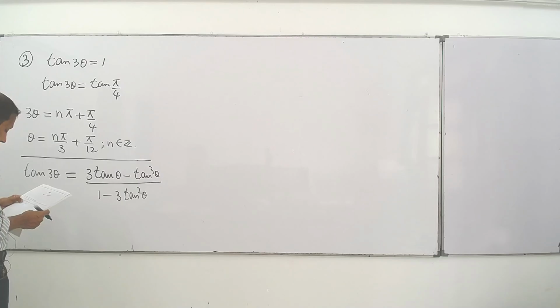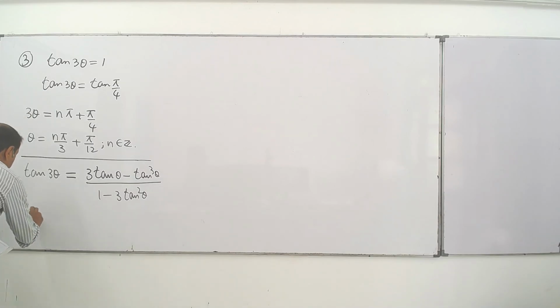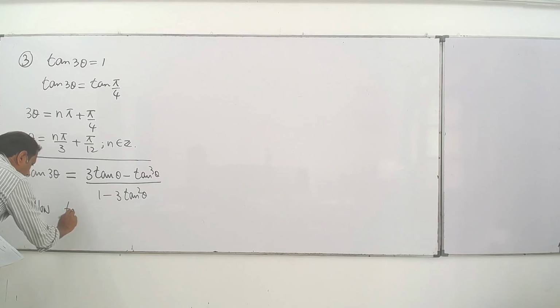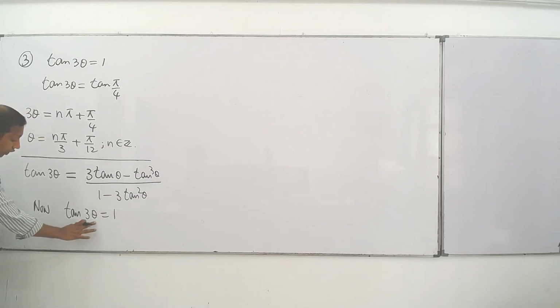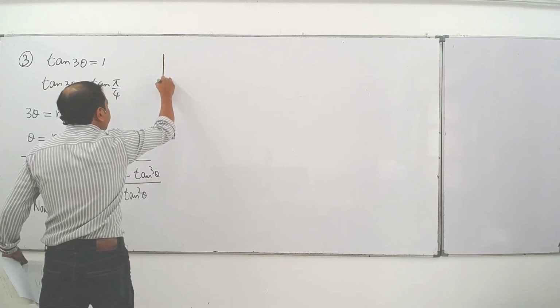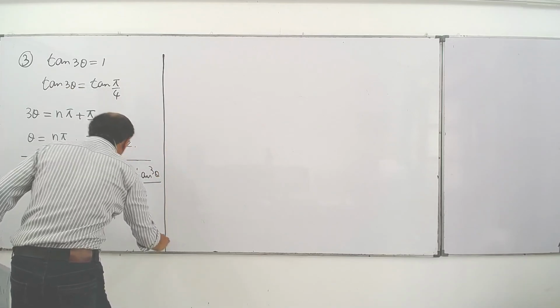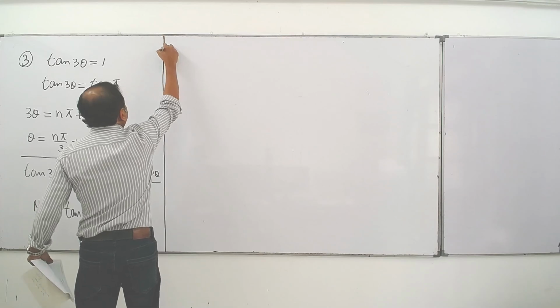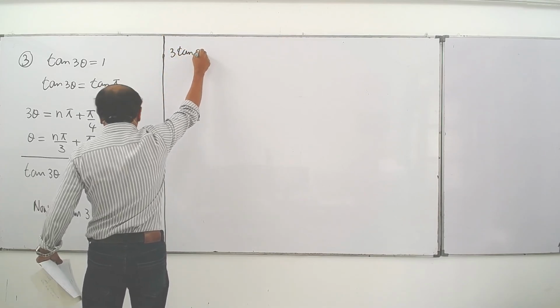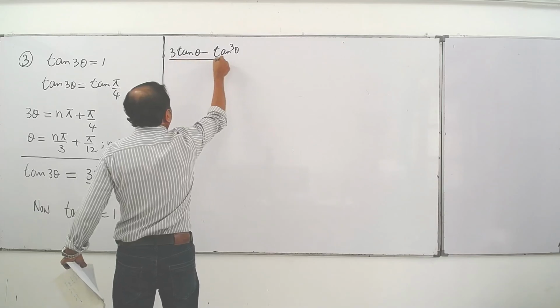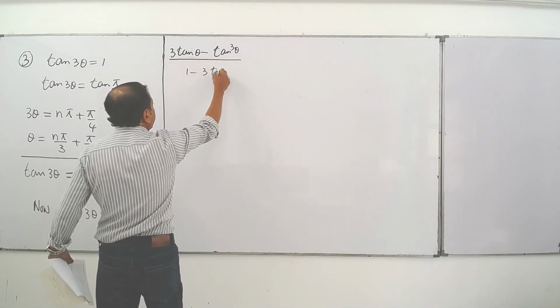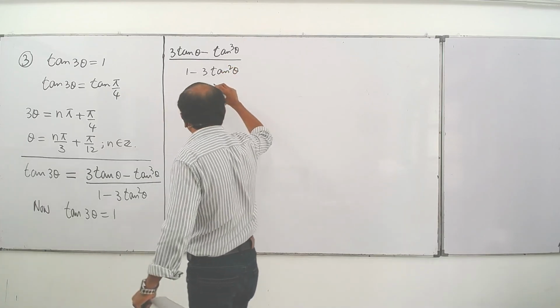Now, what is asked? Hence show that the equation tan 3 theta equals 1 can be written this way. Now, tan 3 theta equals 1. For tan 3 theta, we substitute this. Right. 3 tan theta minus tan cube theta divided by 1 minus 3 tan square theta should be equal to 1.